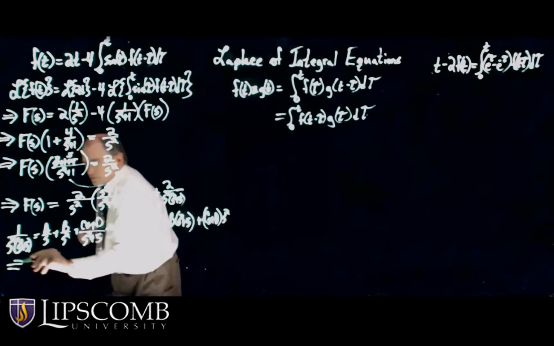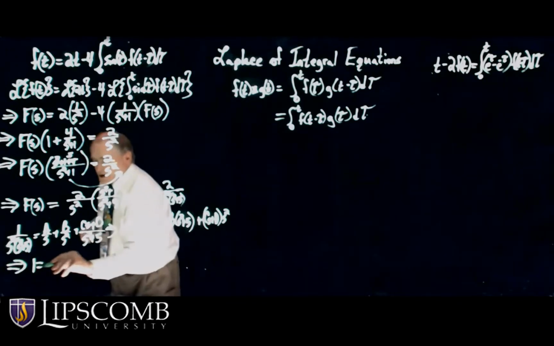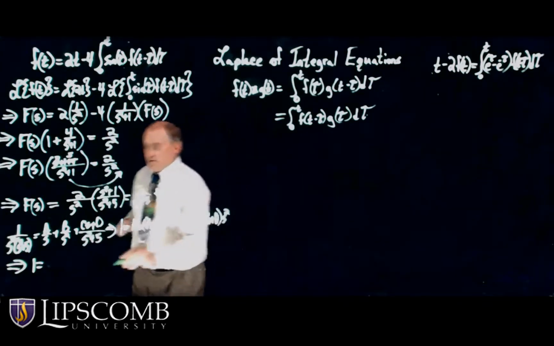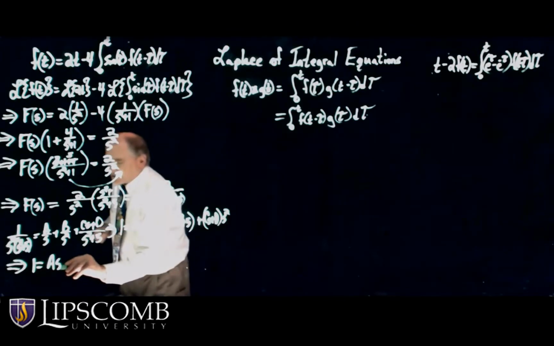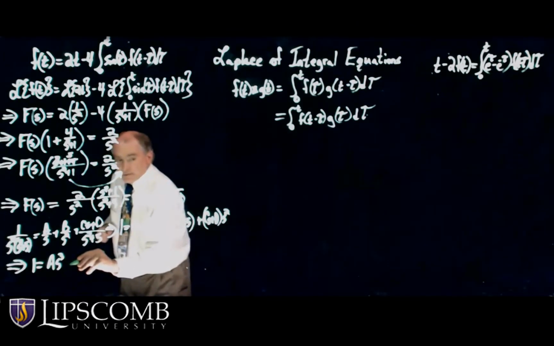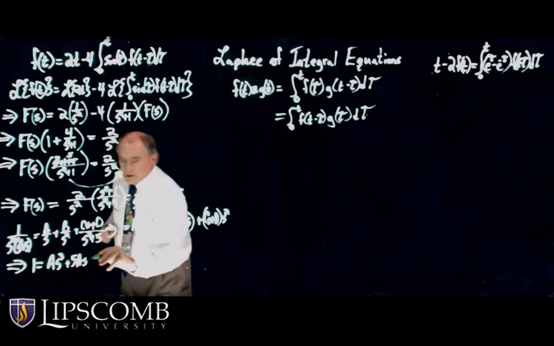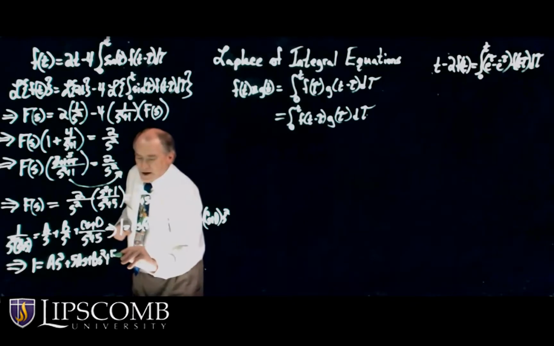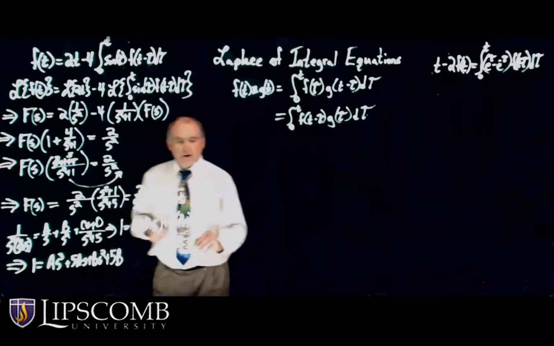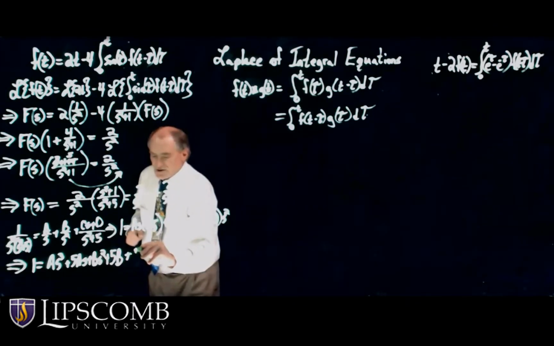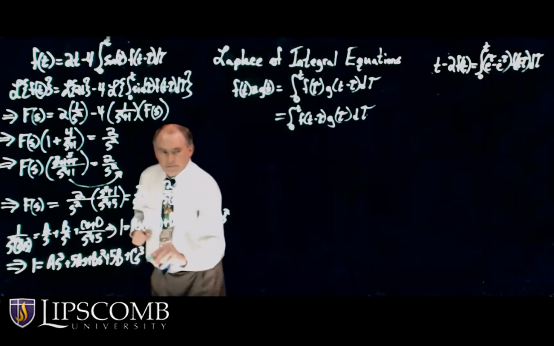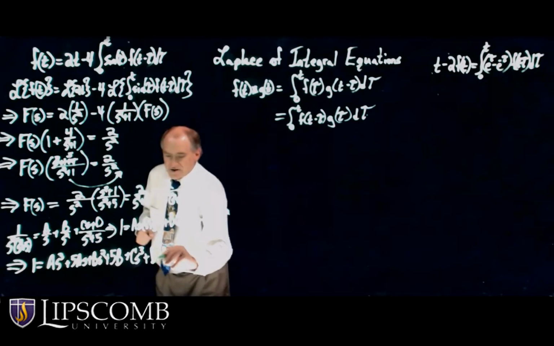So what do I get? I get 1 equals, let's multiply all this out, so this would be As cubed plus 5As plus Bs squared plus 5B plus Cs cubed plus Ds squared.